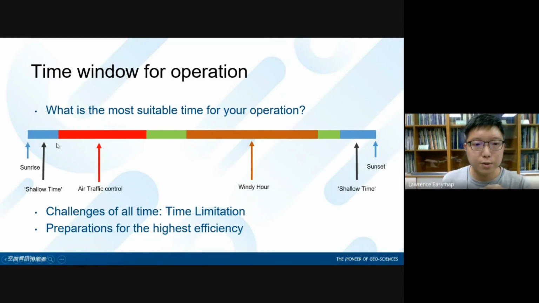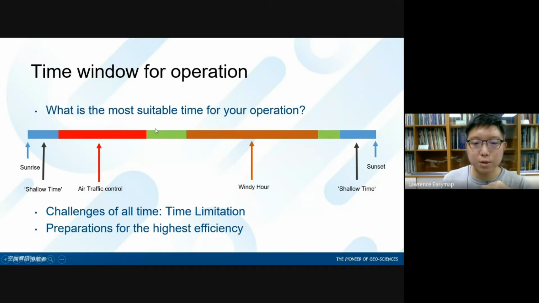Okay, for some areas, military operations may be carried out, or some air patrol by the sky police and so on. So some areas do have air traffic control restrictions. During that period of time, you may be restricted from operating. You cannot fly your UAV, so you also need to exclude that time.